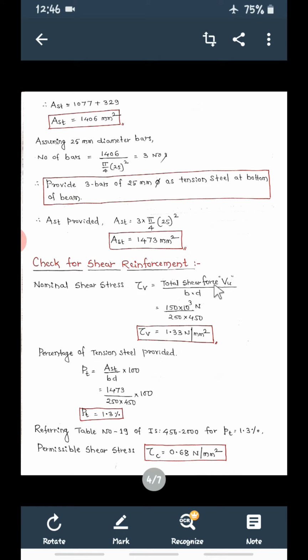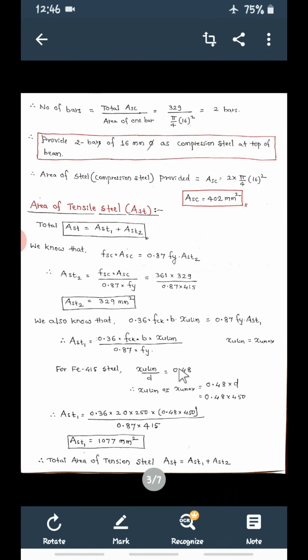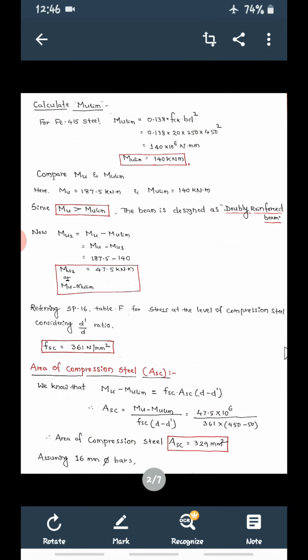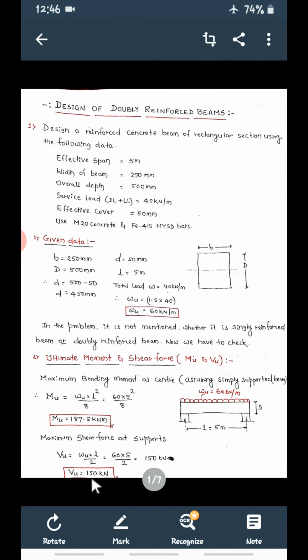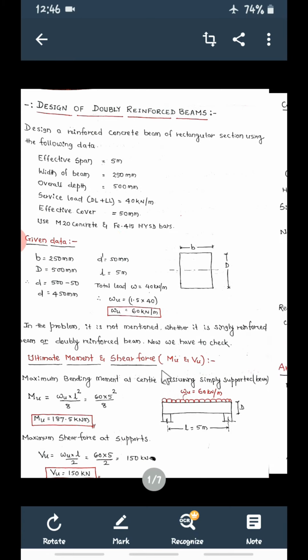Stress is equal to what? Force divided by area. Stress is equal to shear force divided by area, B into D. So tau V is VU divided by B into D. VU we have already calculated in the previous case. This is VU, the shear force. It is 150 kilonewton.